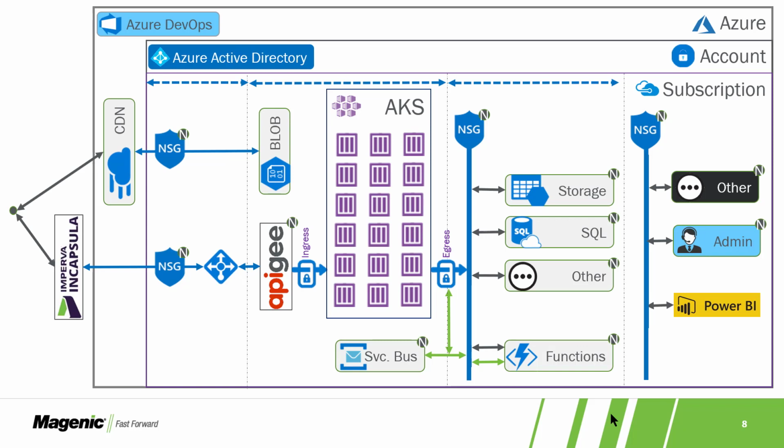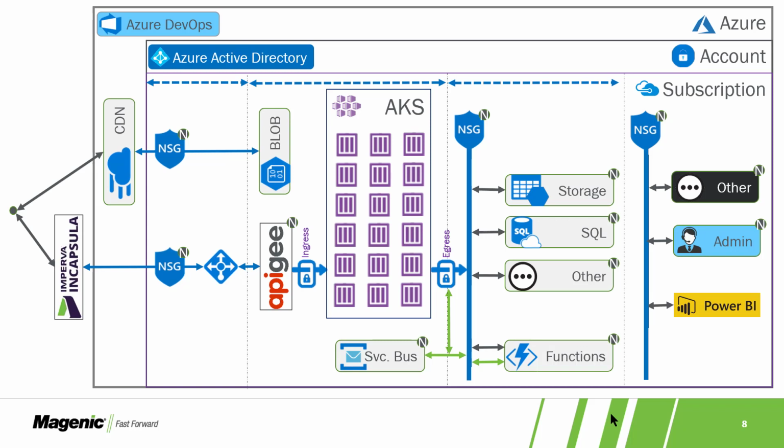And again, we have divided things into sort of 4 or 5 big layers, right? We have the cold, cruel world. We have our, for lack of a better word, network DMZ, where we set up protections for the things inside. We have our intermediate tier, which in this case includes Apigee, blob storage, AKS.